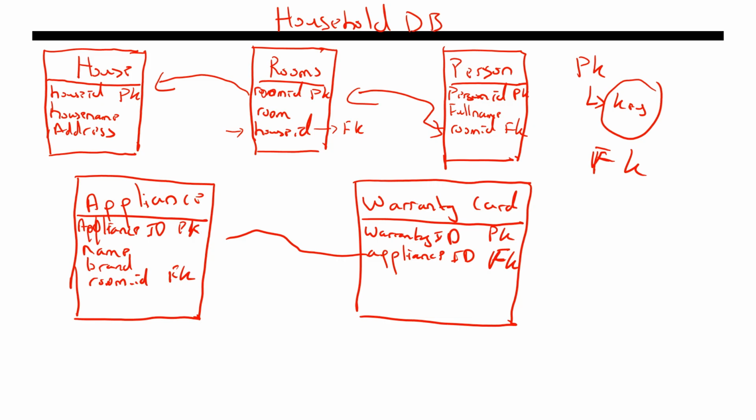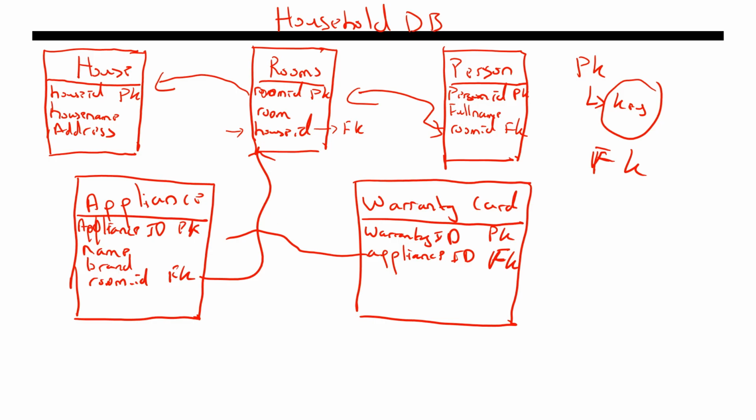And so you will see that room links to houses, people links to room, and appliance links to rooms as well, because appliance has a room ID which links to room. It also links to the warranty card, and so warranty card links to appliance and so on.